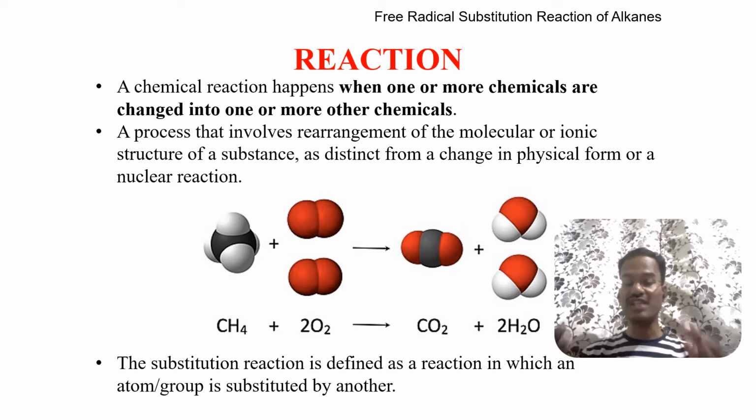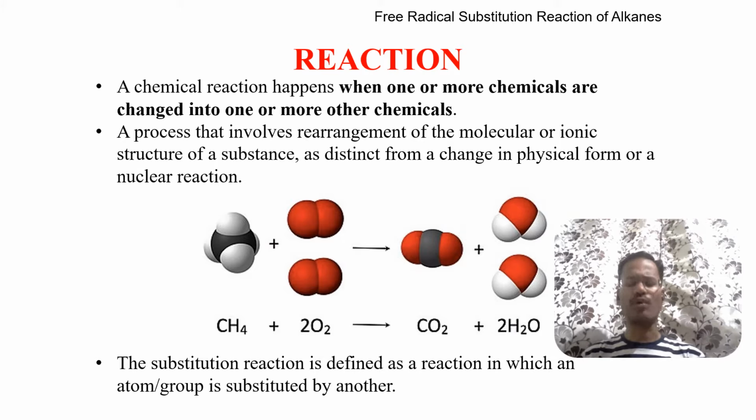For an exact definition, a substitution reaction is defined as a reaction in which an atom or group of atoms is replaced or substituted by another atom or group of atoms. Then it is called a substitution reaction. Hope you understood. So what is a reaction?